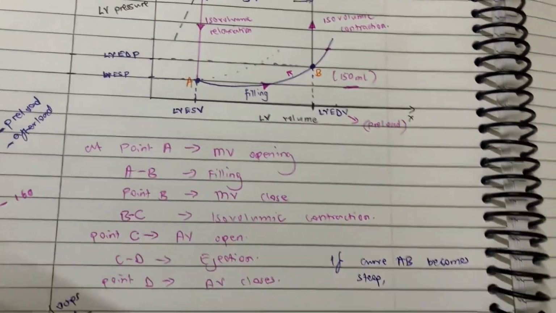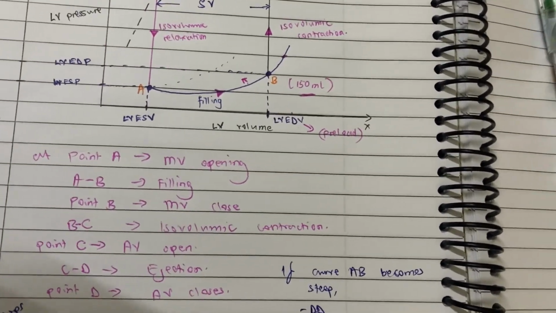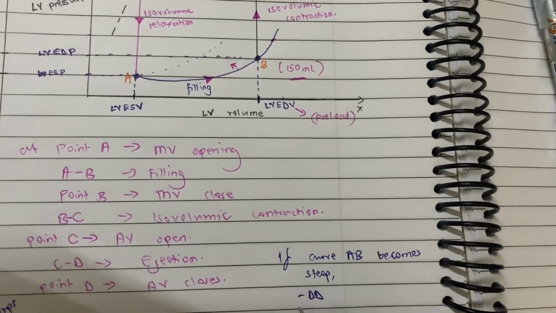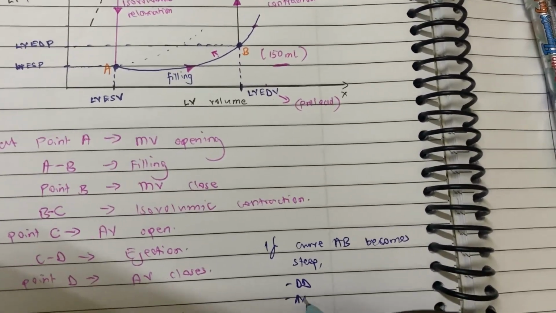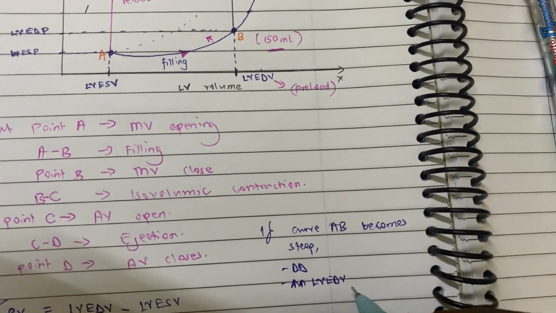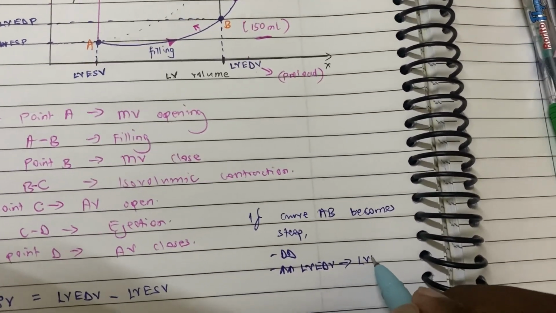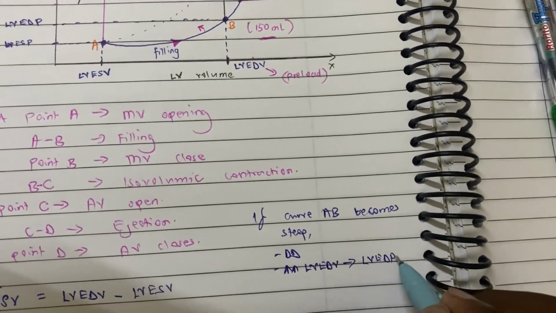Two things can be there: either diastolic dysfunction or increased LV EDV, which increases LV EDP.